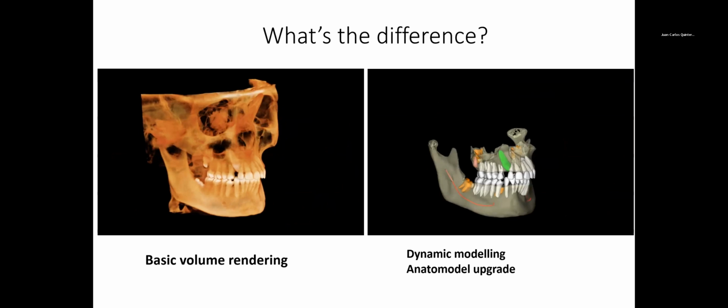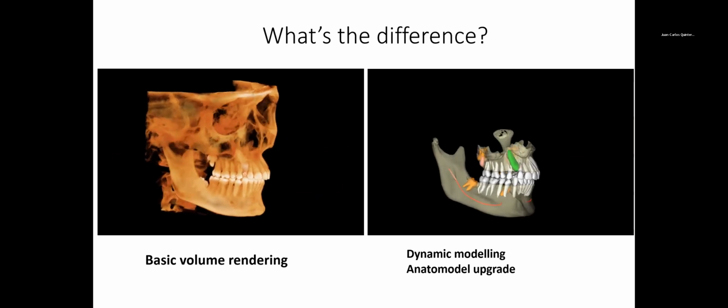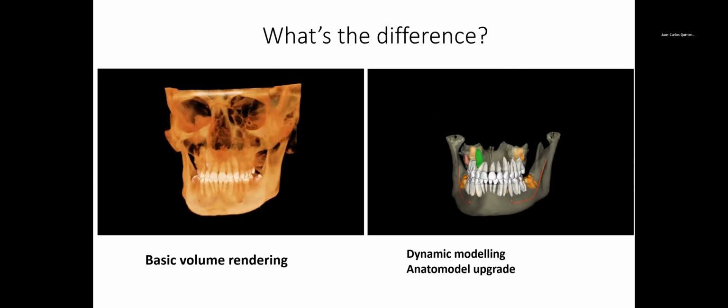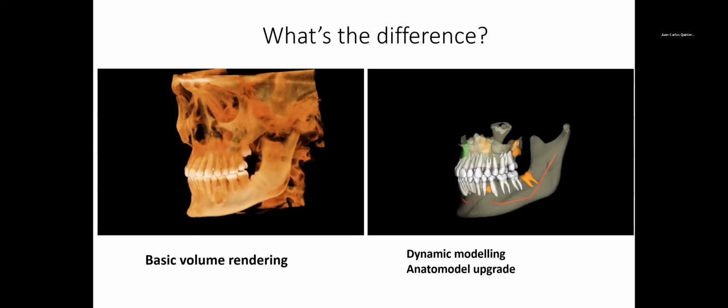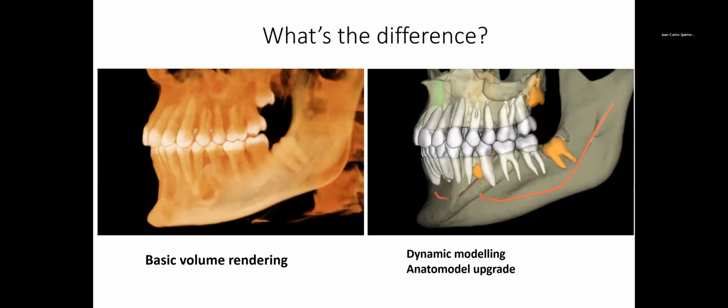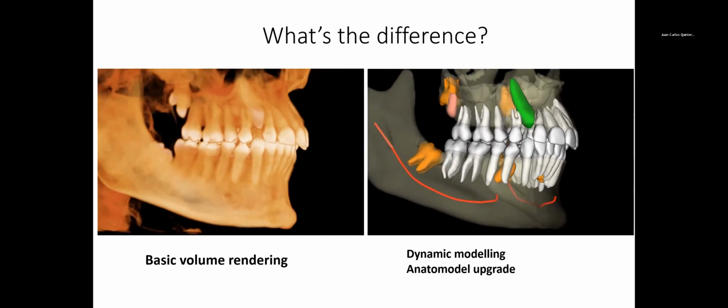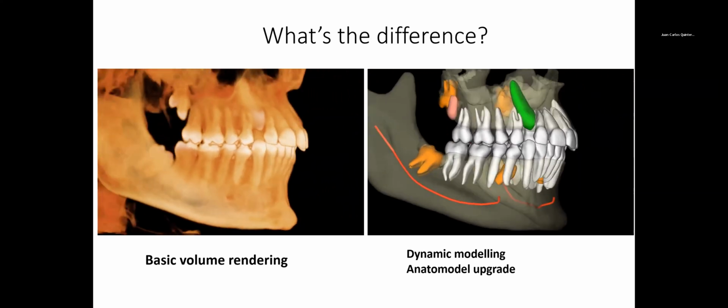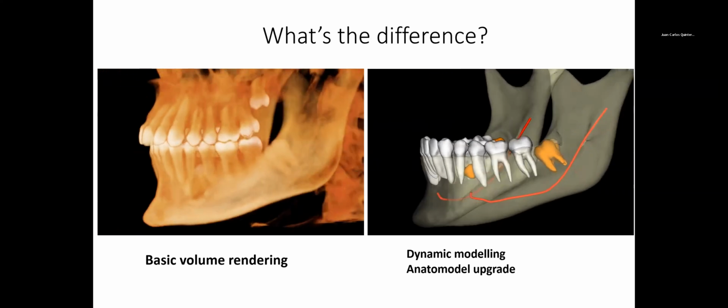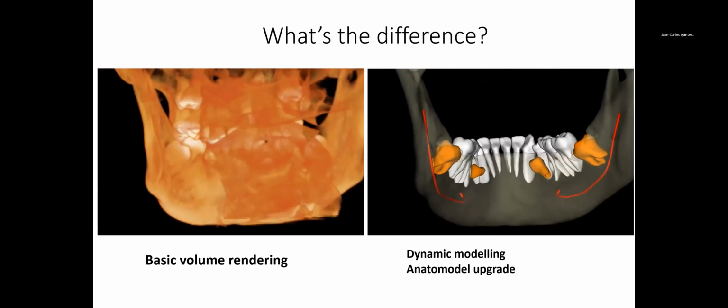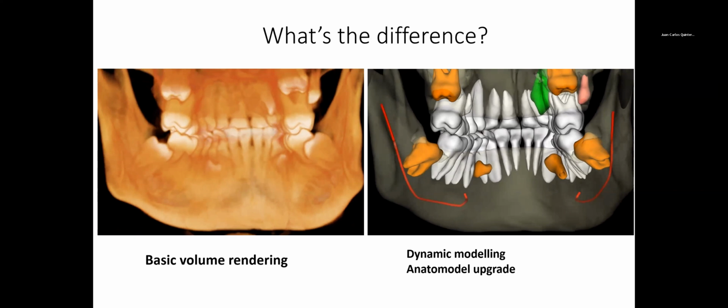Here's another one that's very useful. Supernumerary teeth. With supernumerary teeth, it's a little trickier to see on the volume rendering. You have to really know how to use software to go through slices and stuff. But with the in vivo model, we're able to color them, we're able to see them. You want to make good friends with your oral surgeon, send them a file or an image like this.